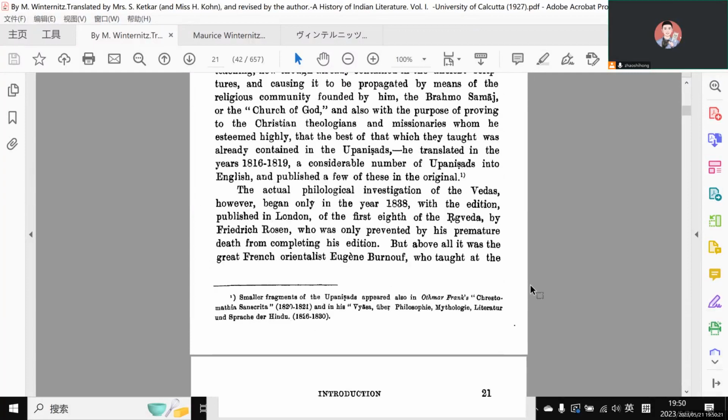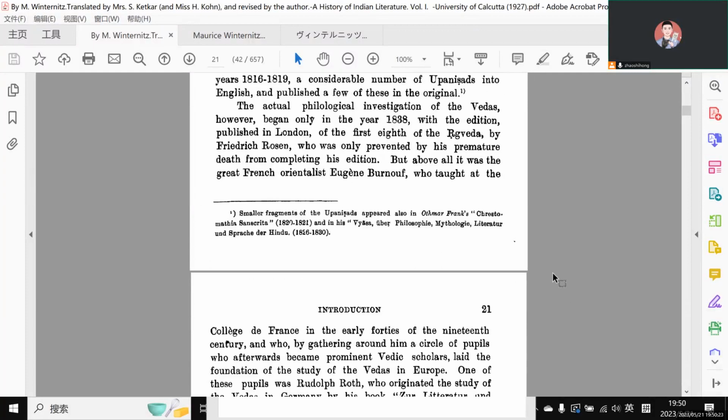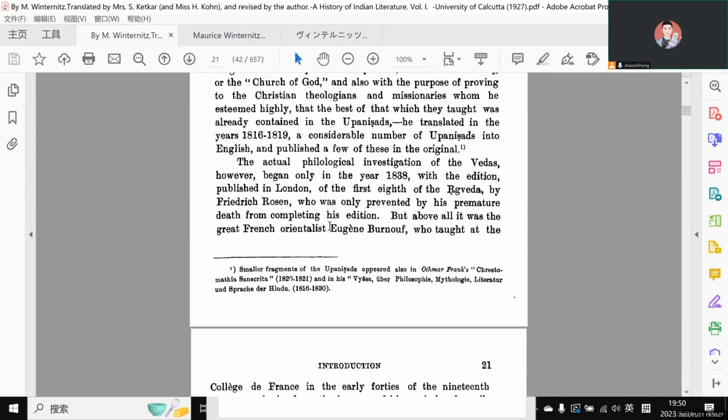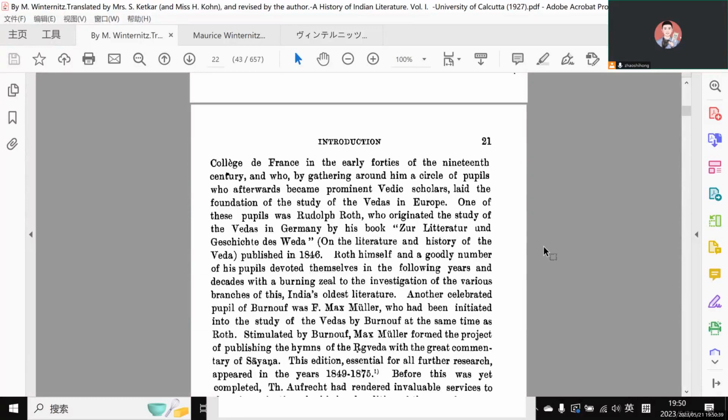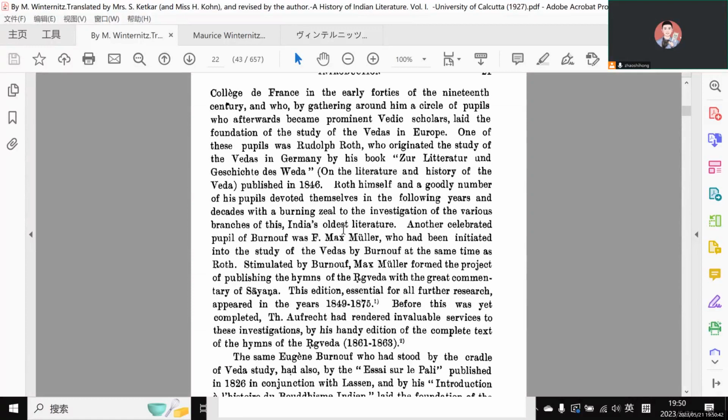Okay, let's see. Next, a very important person, Eugène Burnouf, a French Orientalist. He is also very important. Next one should be Max Müller.